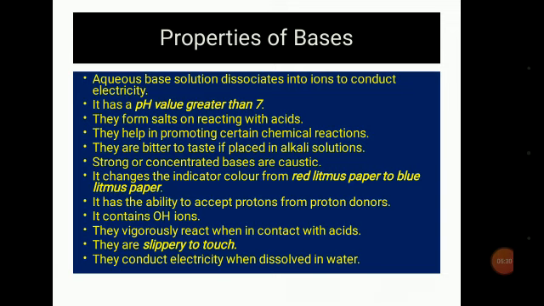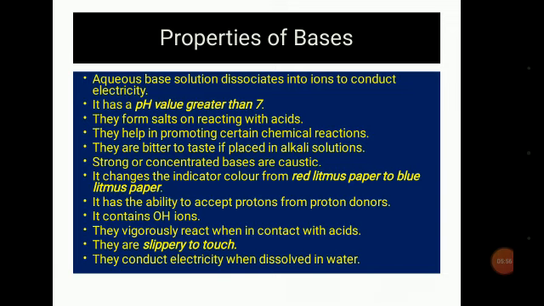Bases can be defined as the substances which give hydroxide ions, hydroxyl ions, in aqueous medium. Properties of bases are: aqueous base solution dissociates into ions to conduct electric current, meaning they are good conductors of electricity. It has a pH value greater than 7.